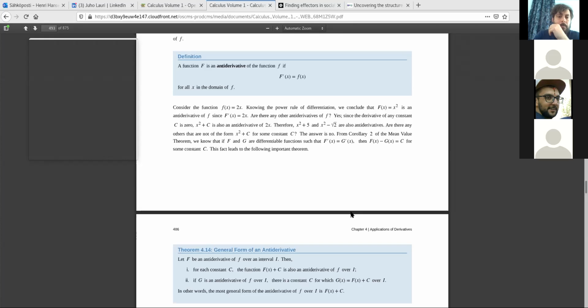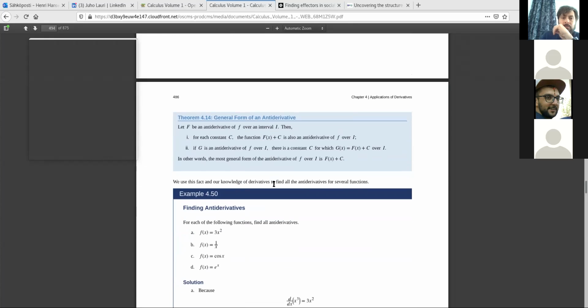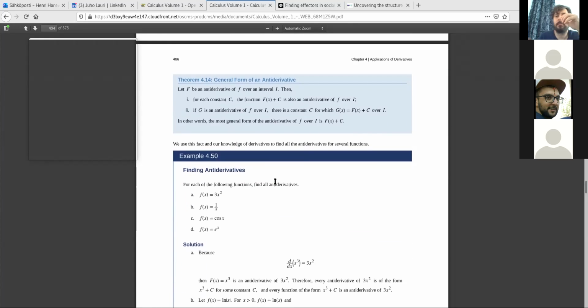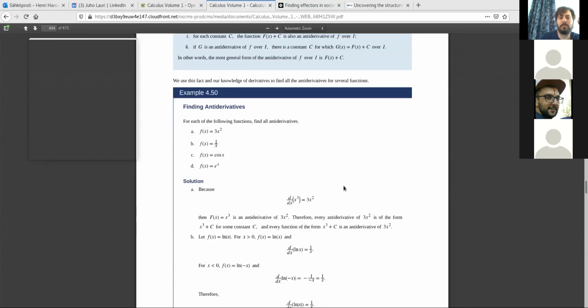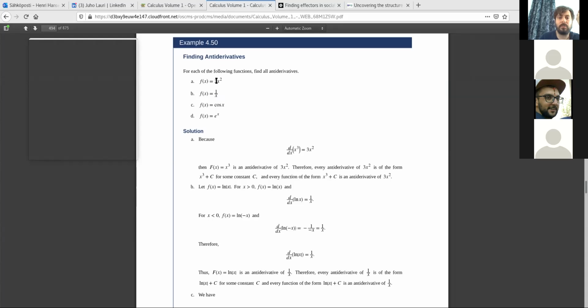And in general, for each constant, if you vary it with a constant, take x squared, or here are some examples. If we have 3x squared, finding its antiderivatives, well, we can try x to the 3, and if you differentiate x to the 3, you get 3 times x squared. So definitely it is an antiderivative.